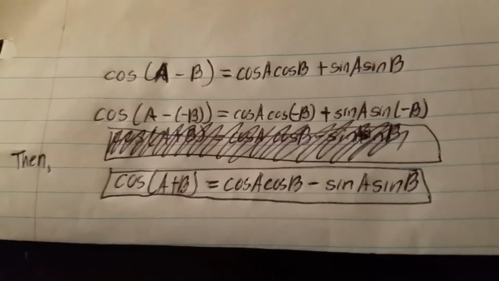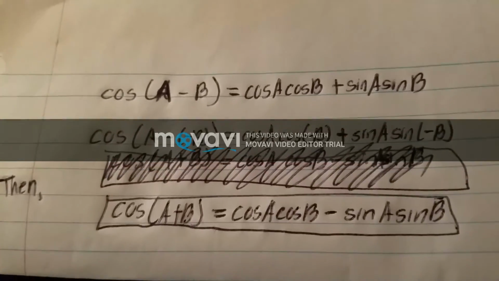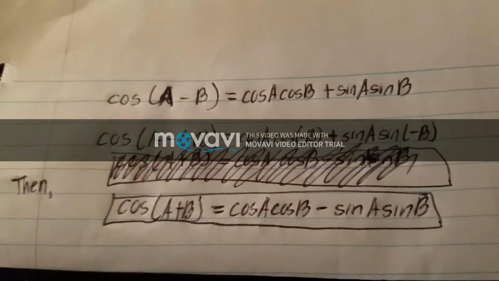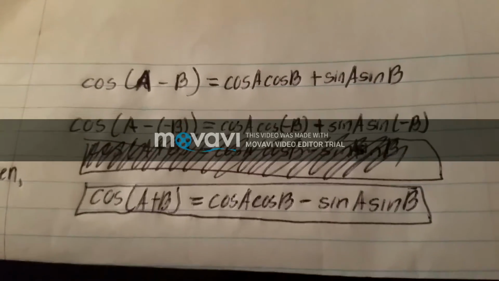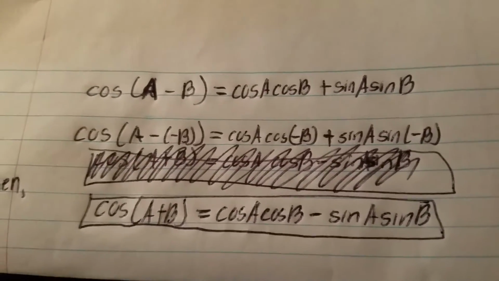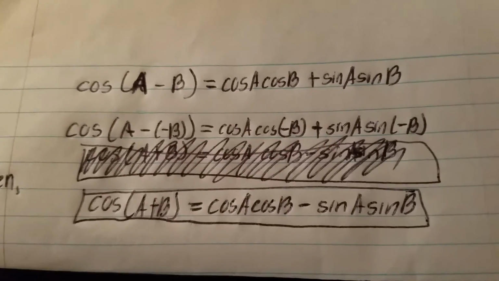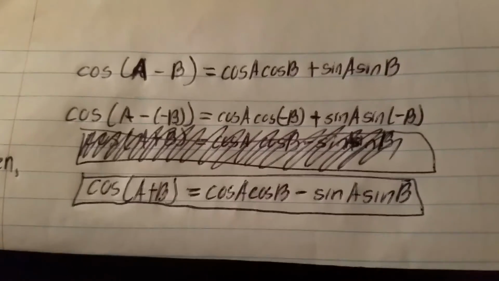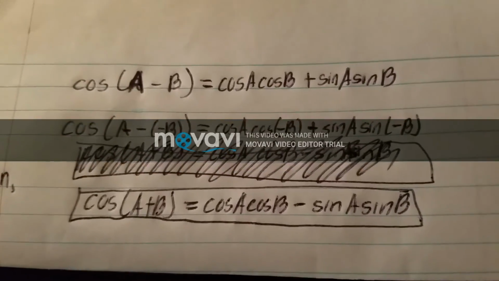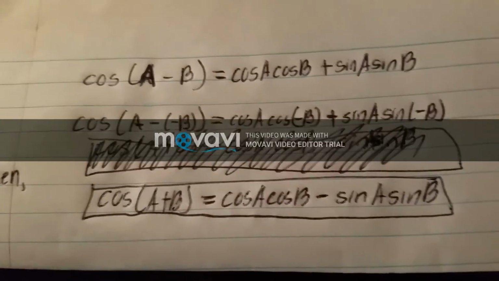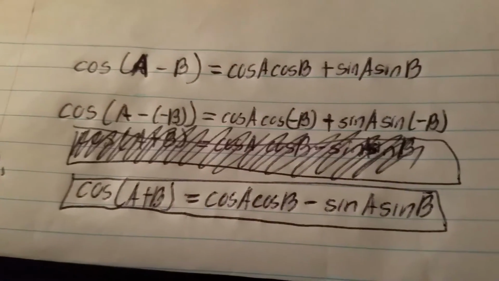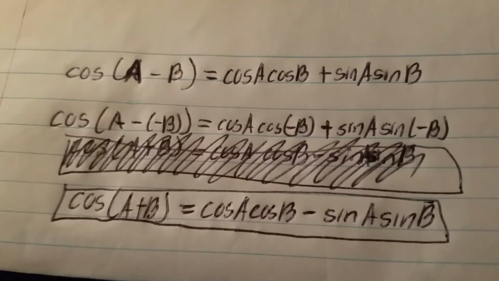On the right side, we're going to have cosine A and cosine B. Just keep in mind that cosine is an even function, so cosine negative B would equal cosine B. On the sine side, we're going to have minus sine A times sine negative B. Sine is an odd function, so sine negative B would become sine B, but the catch is the plus sign turns into a negative.